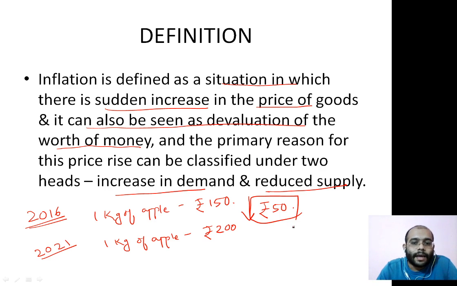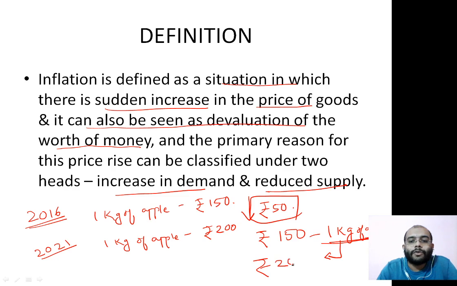How? Look, previously with 150 rupees you were getting 1 kg of apple. Now to get this 1 kg of apple you need to spend rupees 200. That means your spending has increased. This in turn shows that the value of currency has depreciated, has devalued. Your money has devalued.